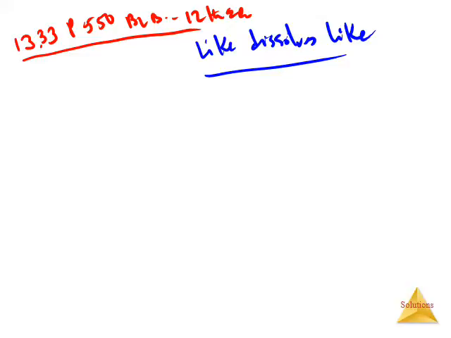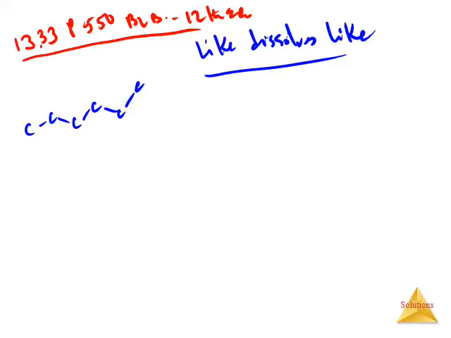First, since the question is asking about solubility in hexane, we need to find out about hexane. This is hexane. 1, 2, 3, 4, 5, 6. 6 carbons, and rest are all hydrogens. You stick in hydrogen in such a way that each carbon has 4 bonds.